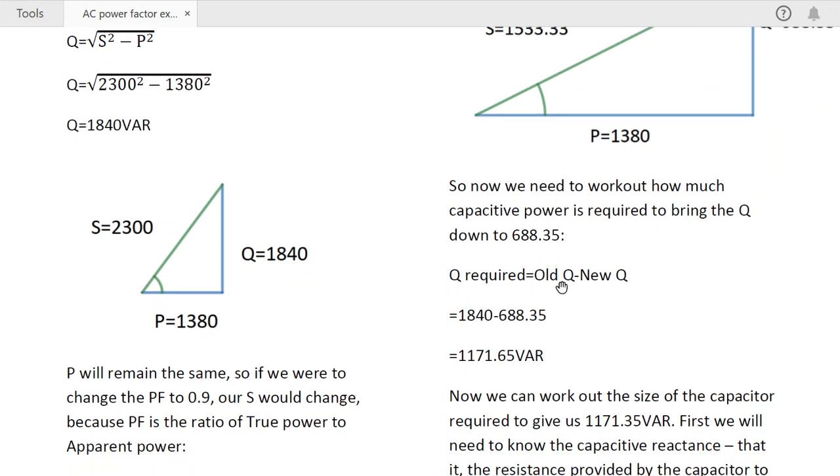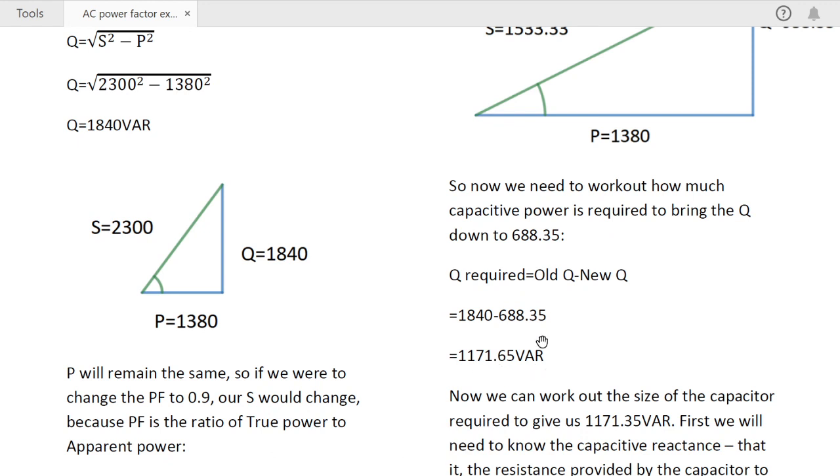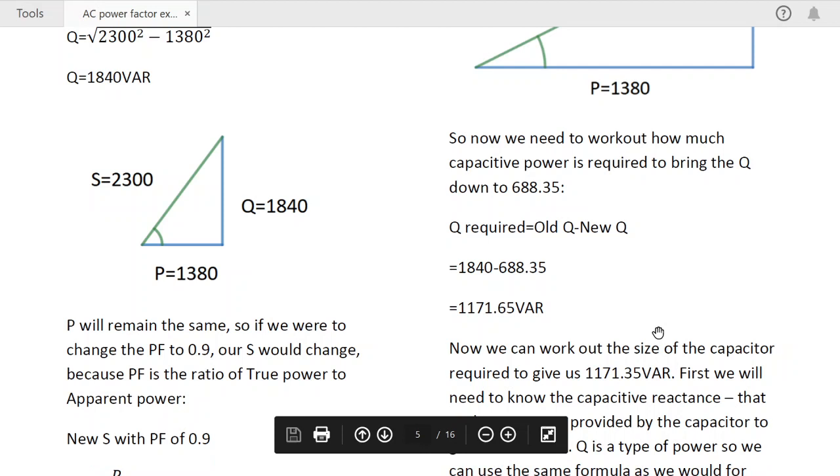Q required will equal the old Q minus the new Q. Okay, so our old Q was 1,840, we have that over here. Our new Q to get the power factor of 0.9 will be 688.35. So that means we need a capacitor that is 1,171.65 VAR.